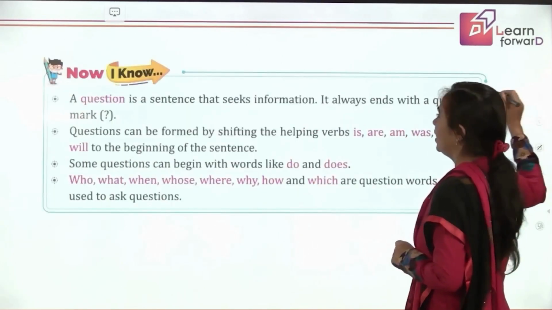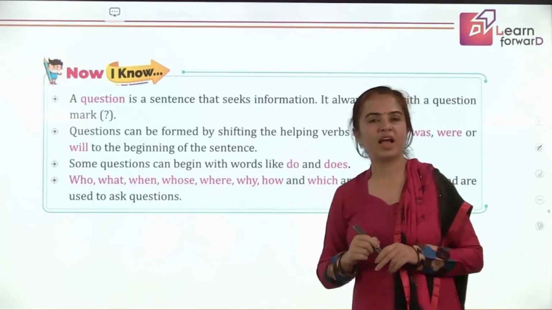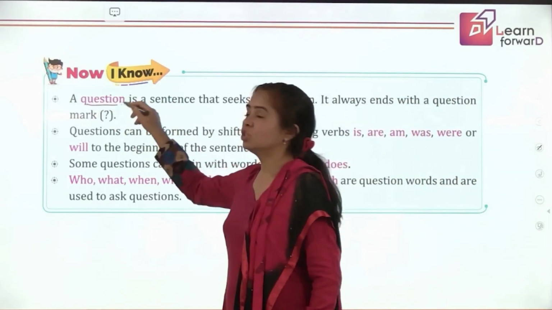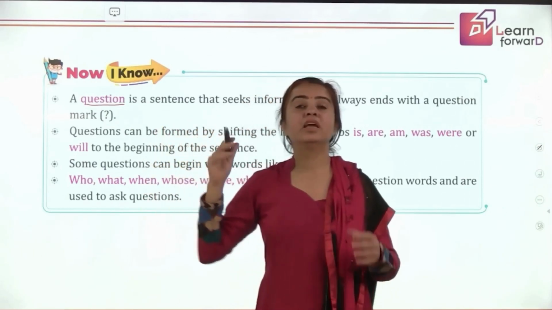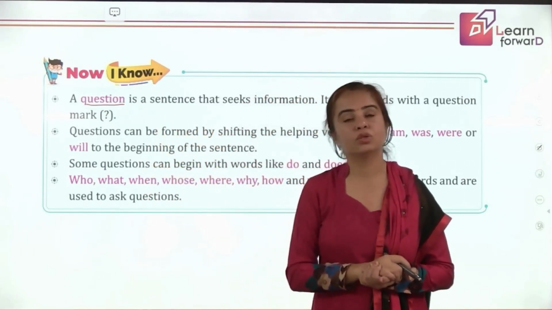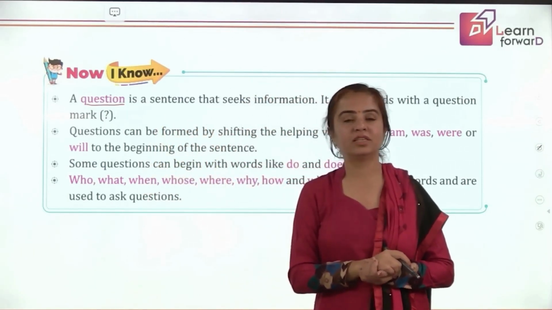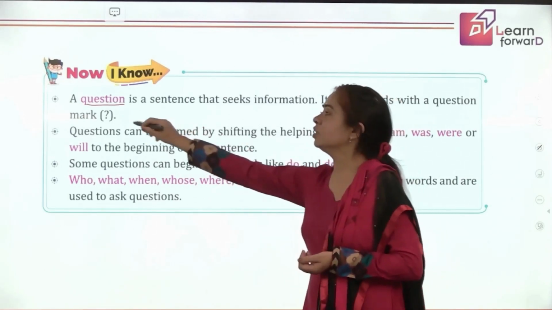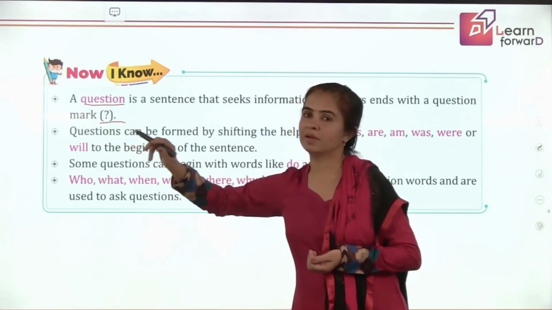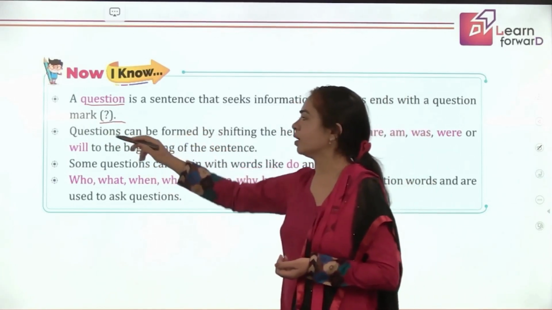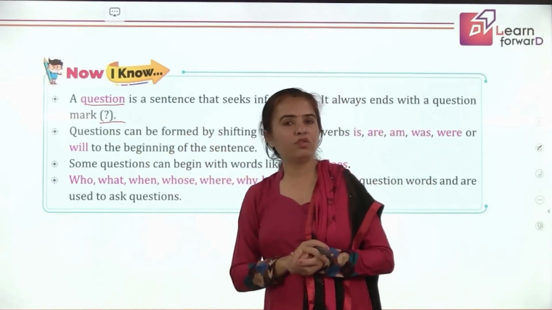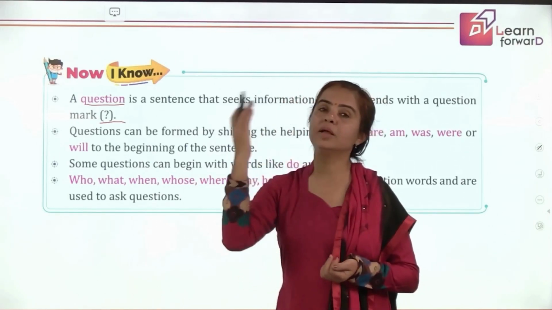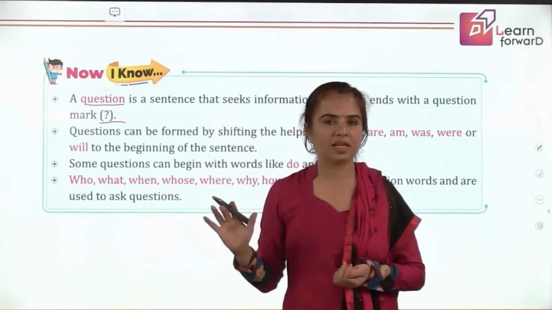Let's go ahead and recall what we have learnt in this session. What is a question? A question is a sentence in which you ask something. They are called interrogative sentences, and you finish them with a question mark at the end. Remember, right? Now, how can you form the questions? By just taking the helping verb in the beginning of the sentence, nothing else.